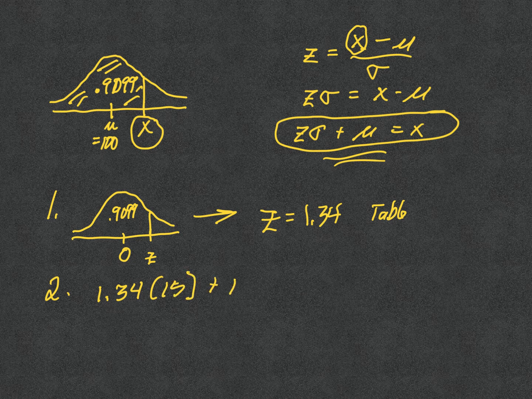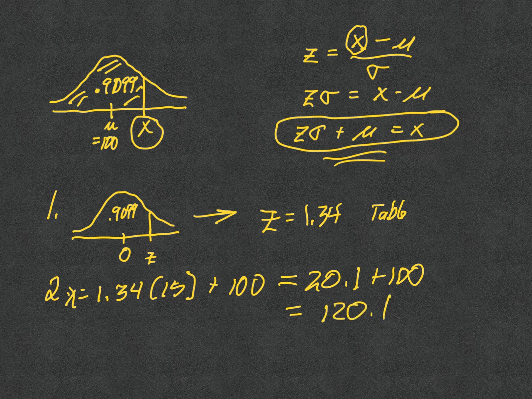And then we add the mean of 100, and this will convert our data to the x value, the random variable for the intelligence test. And so this will be equal to 20.1 plus 100, which is equal to an intelligence test score of 120.1. Okay? And that's it.